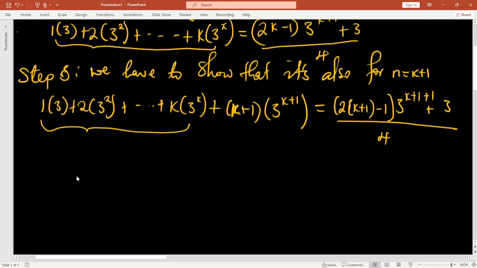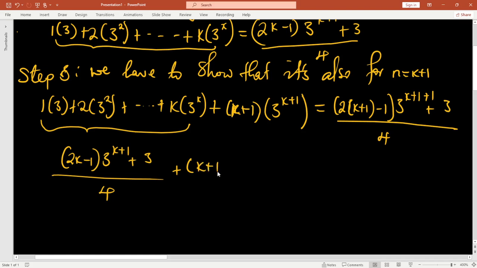So we're going to have 2k minus 1, 3 to the power k plus 1 plus 3 divided by 4 plus the k plus 1 term now, which is k plus 1, 3 to the power k plus 1 equal to, so I'll just expand what we have in the brackets.